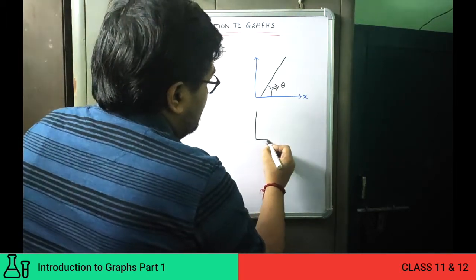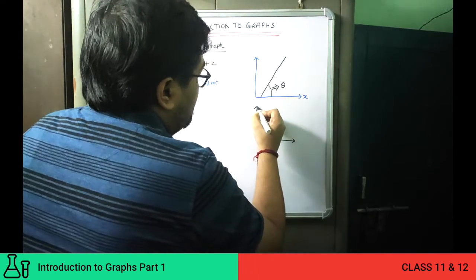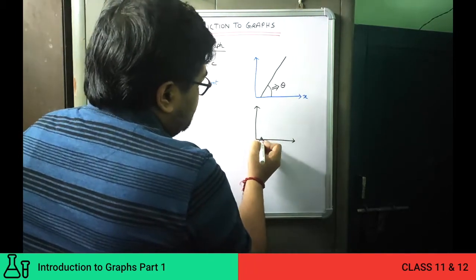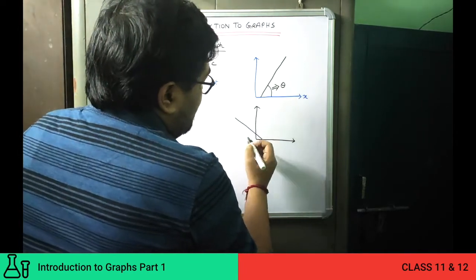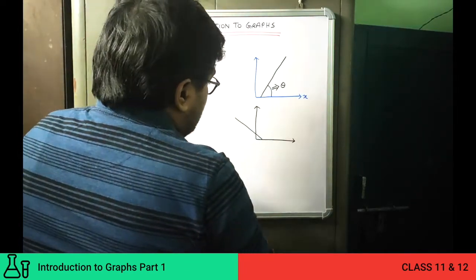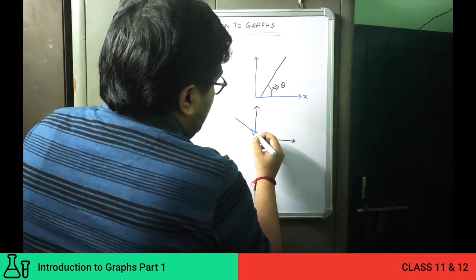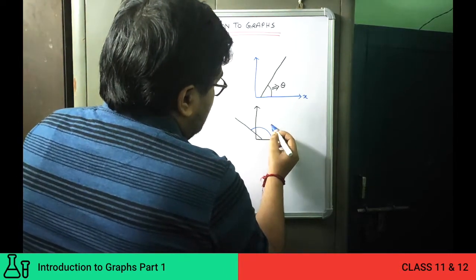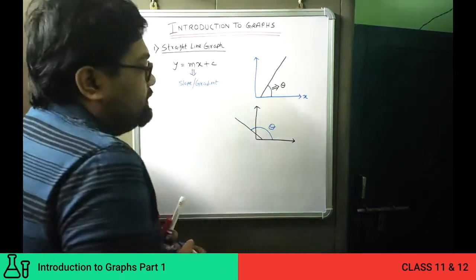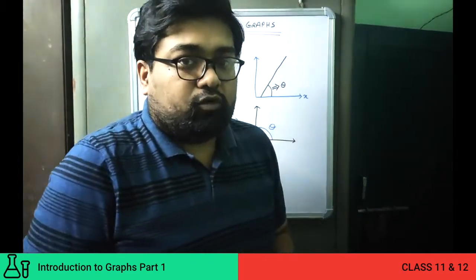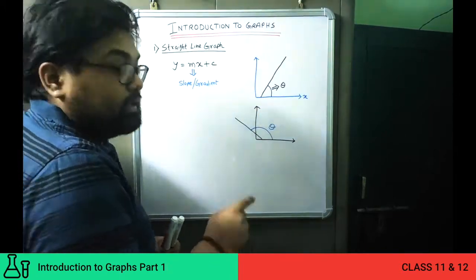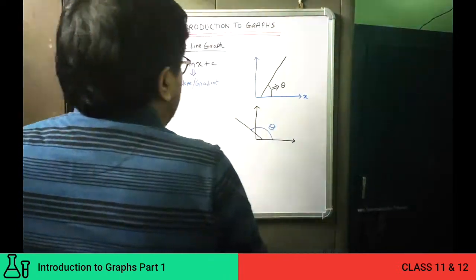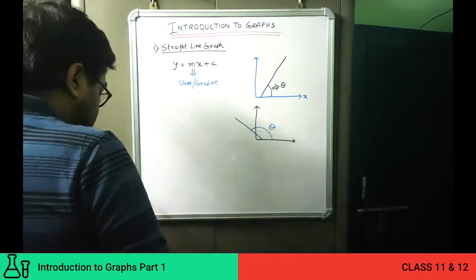Similarly, if we take another axis and if this line passes through the x-axis and y-axis like this, in this case the value of theta will be this. Okay, so you have to always consider the angle with the positive x-axis as the slope.